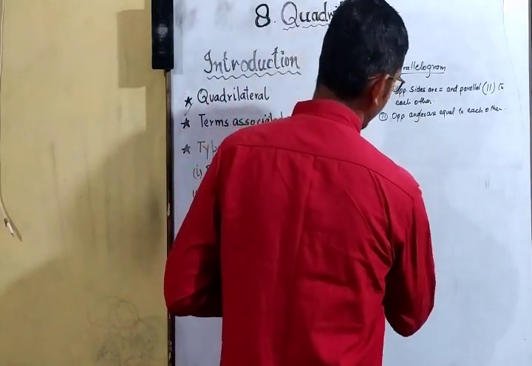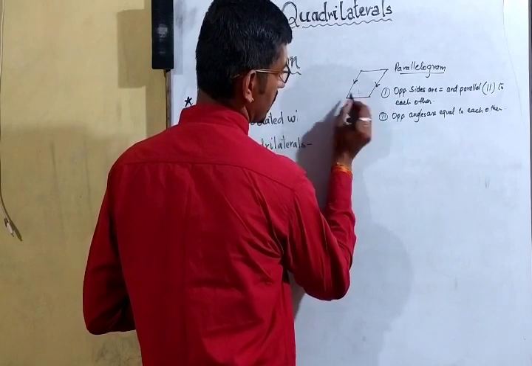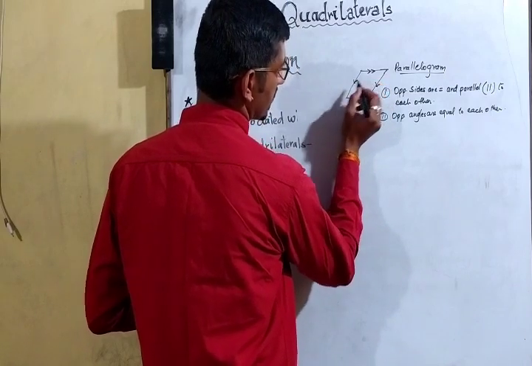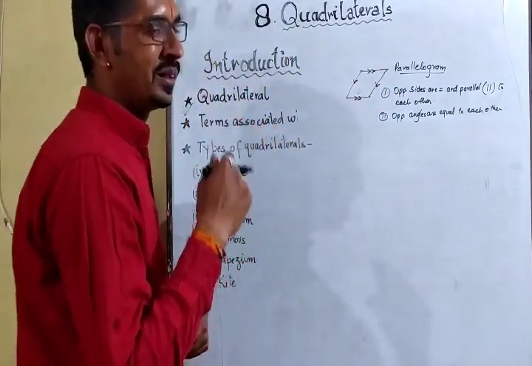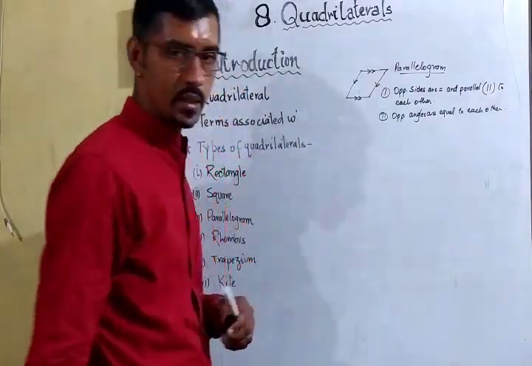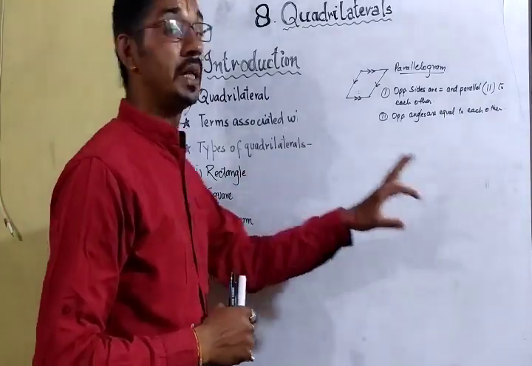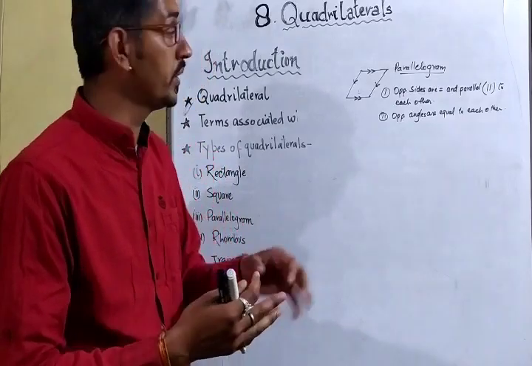Okay. Now moving on to the parallel का sign. This must be parallel to this and this must be parallel to this. This is a sign of parallels. अगर किसी लाइन में ऐसा एरो बने हैं तो it will be parallel to each other. Okay. Now later we will get to know the more property of parallelogram as well.